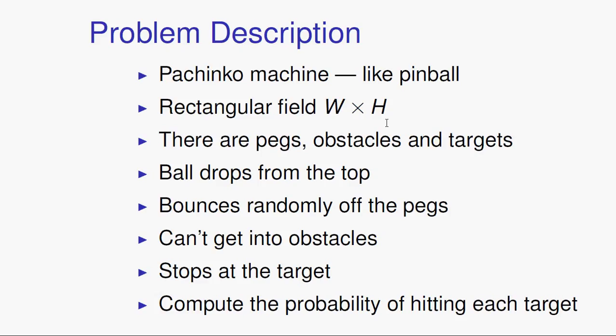And in each square of the rectangular field there is either a peg, an obstacle, or a target. And the aim of the game is to get the ball into the target. The ball starts by dropping from the top, and then it randomly bounces off the pegs, so that if it comes into the square where there is a peg, then it randomly bounces either up or down, or to the right or to the left, and the probabilities are given for each of those directions, and they are the same for each peg.